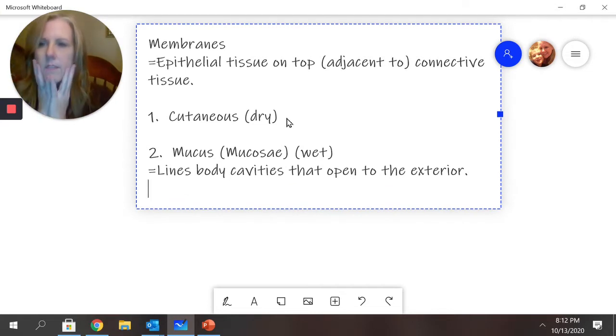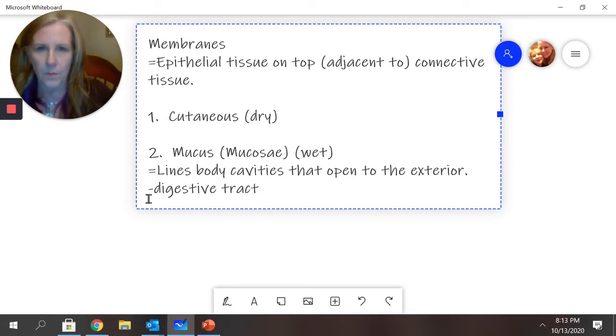Let's think about that for a minute. What kind of body cavities open to the exterior? Well, one is the digestive tract, that opens to the exterior: the mouth, the anus.